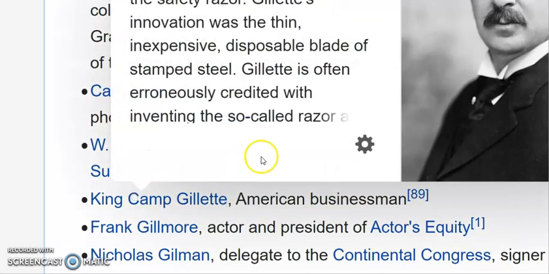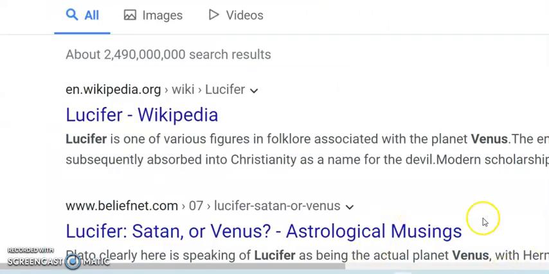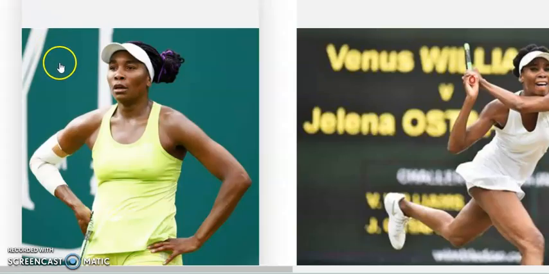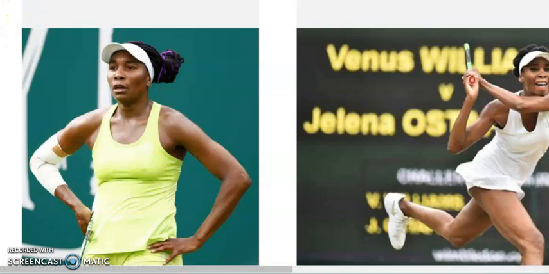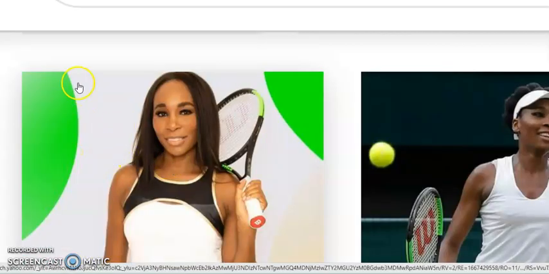As you see, I read here, Lucifer is also associated with the planet Venus, right? And absorbed into Christianity is named for the devil, right? So of course Venus Williams is a great big tea drinker, right? No question about that. Then 777 again.